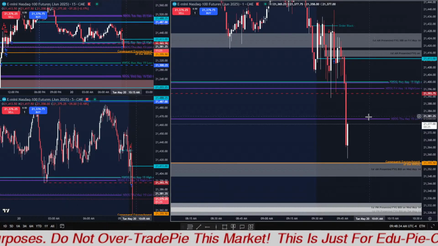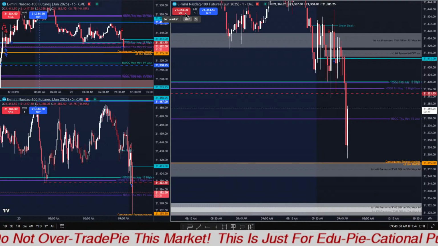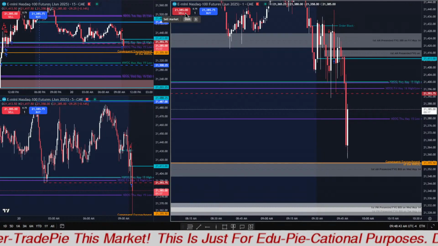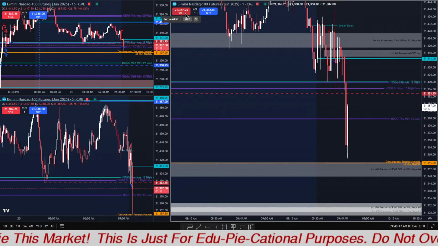If we get into this area over here, I would like to go short and aim for the consequent encouragement of the new week opening gap.